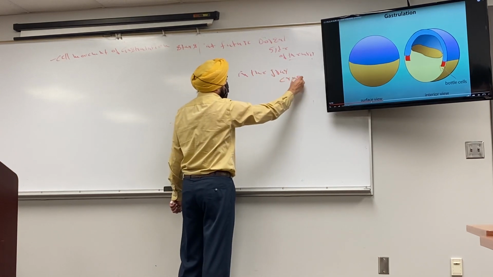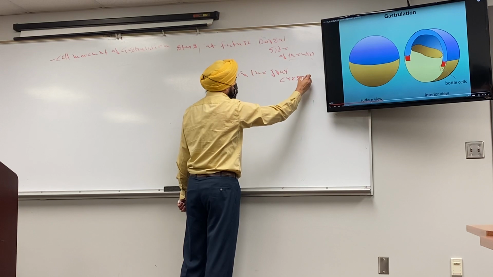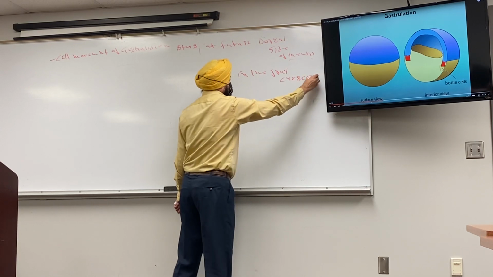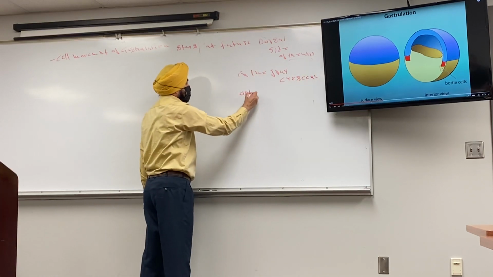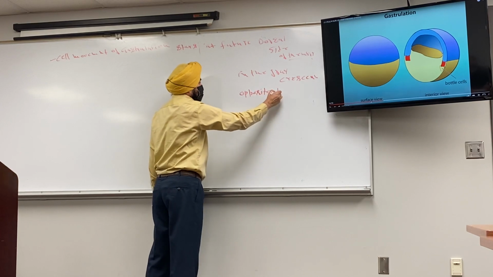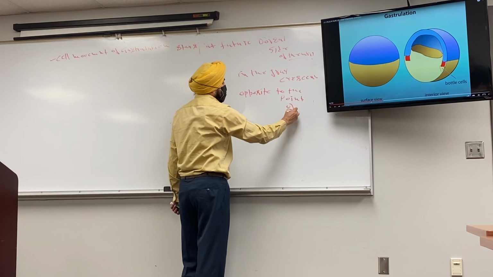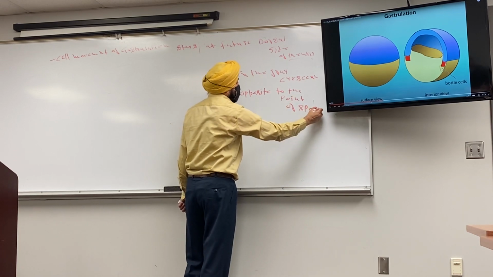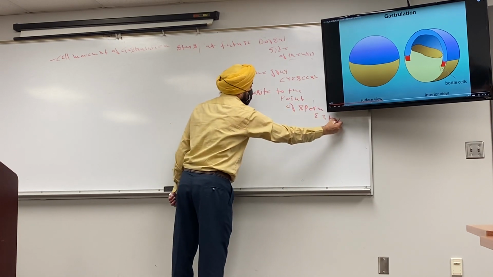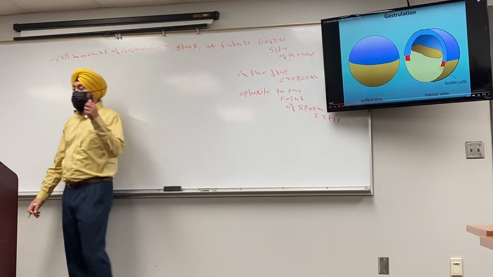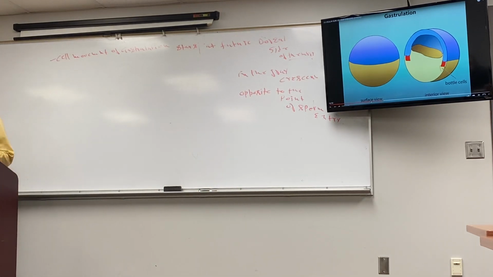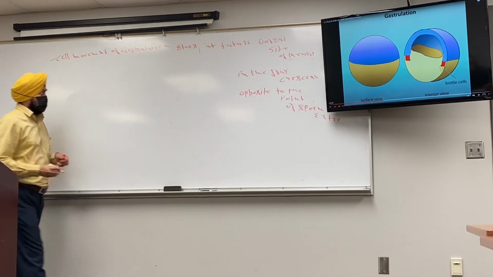We know that the gray crescent is opposite to the point of sperm entry. So that is the place where the movement starts.